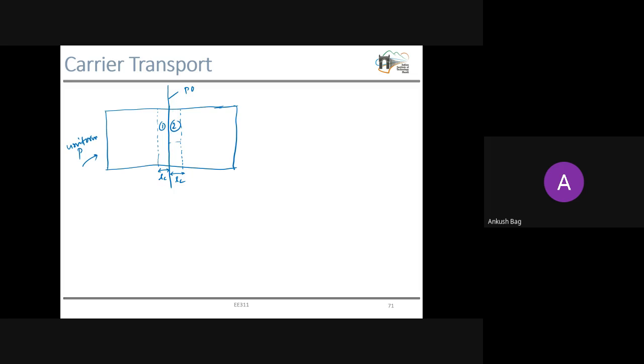Now, what is the flux going from, let's say, section 1 to section 2, crossing this plane of observation? I'll just take the absolute value. The flux going from left to right.